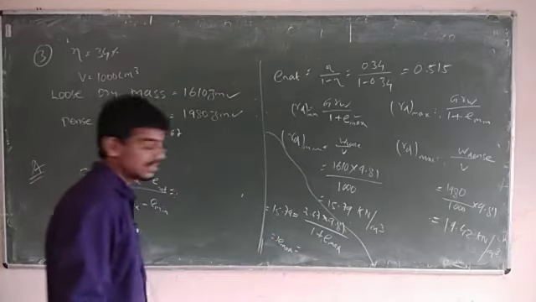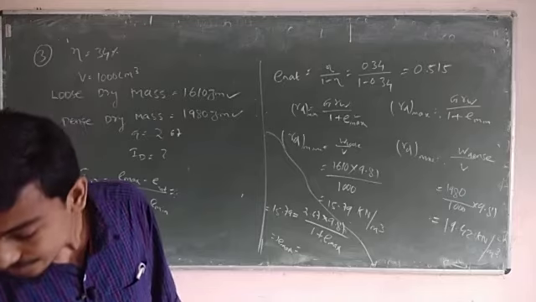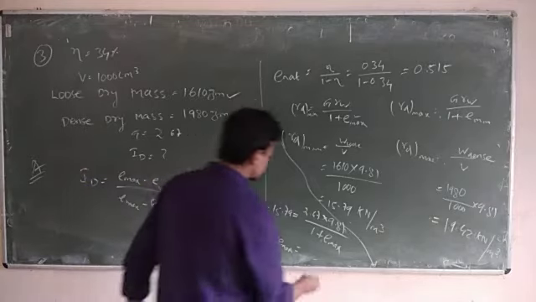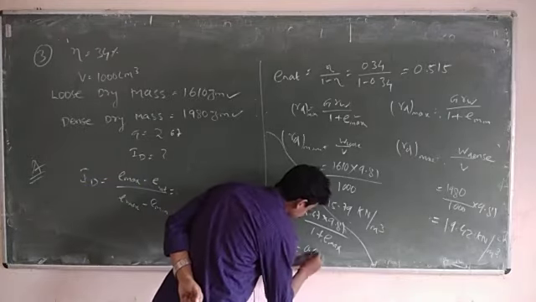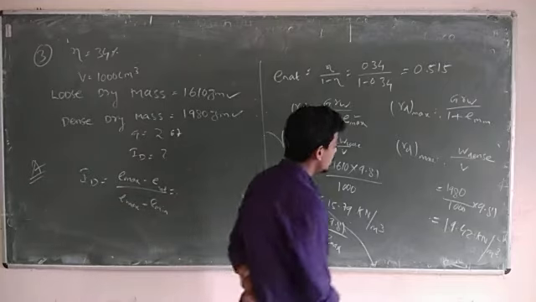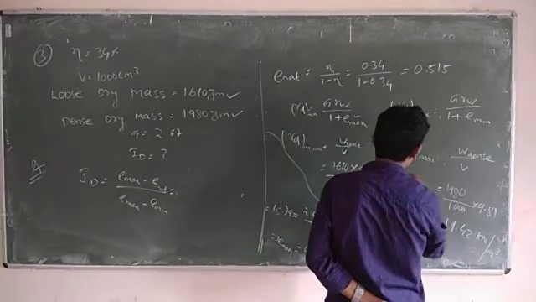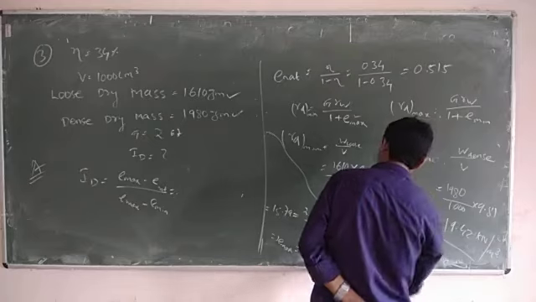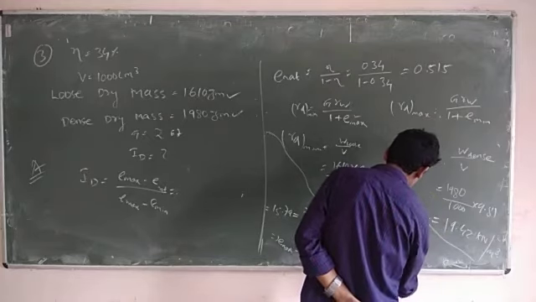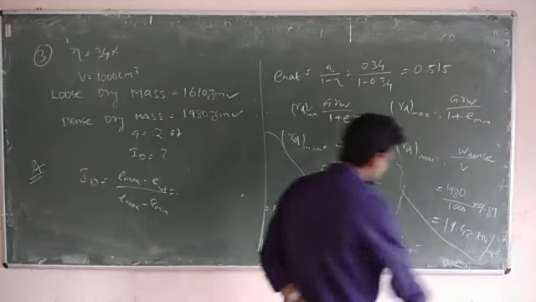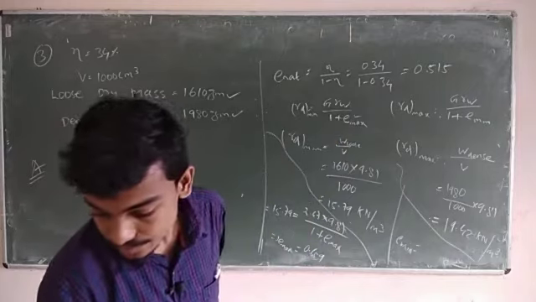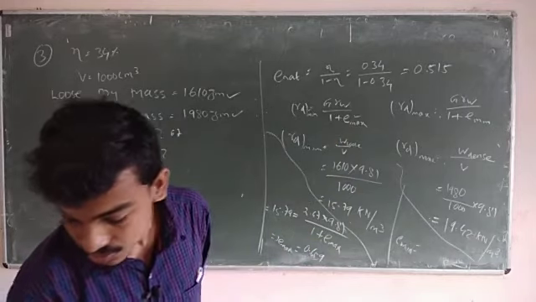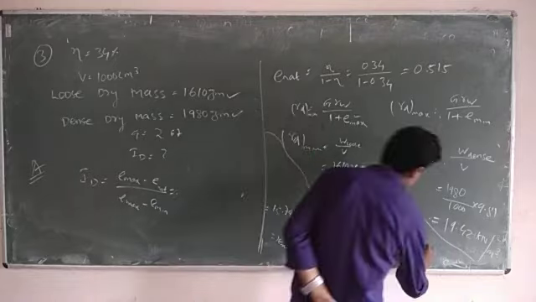That is coming around 0.659. Here, put the values the same way as you calculated here. So here also, in the same way, you can calculate E minimum, that is coming around 0.349.